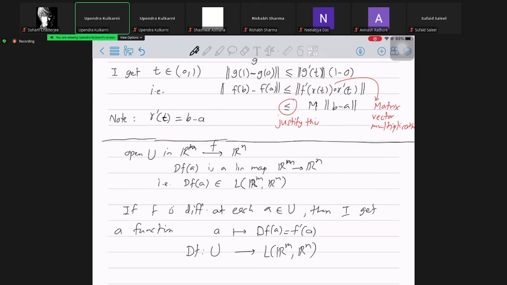We are doing exactly the same. But here, the value of the derivative is not a number. The value of the derivative is a matrix or a linear operator. So as the point A in the domain varies, if the derivative is defined at every point, then I get the derivative of f, a function whose inputs are points in the domain and whose outputs are linear operators.